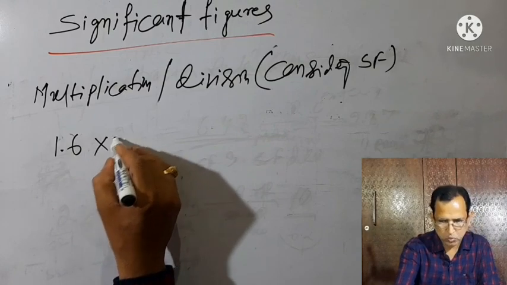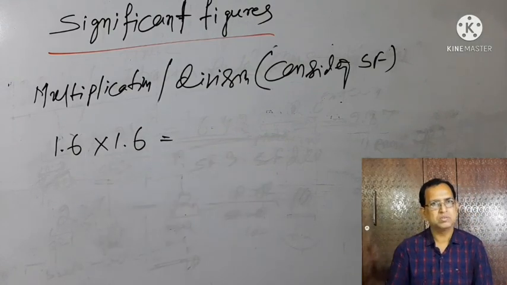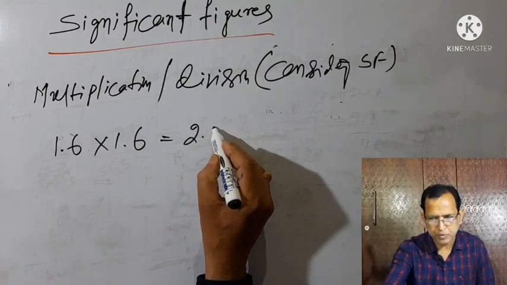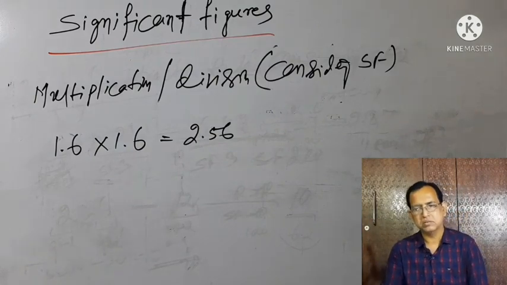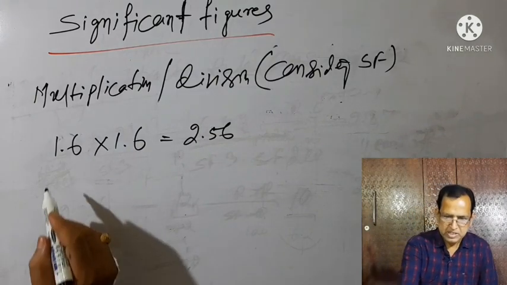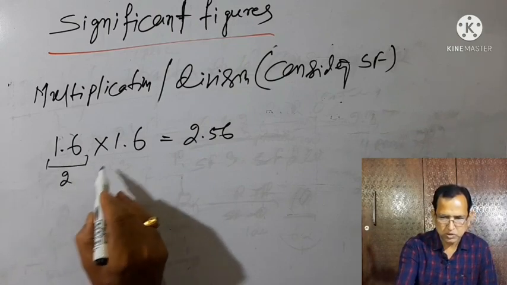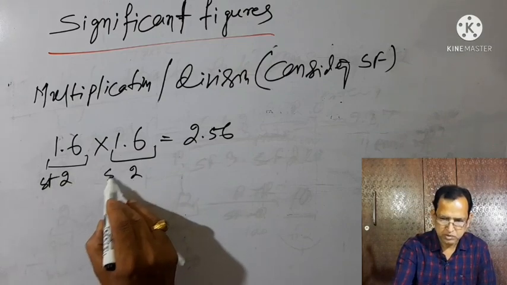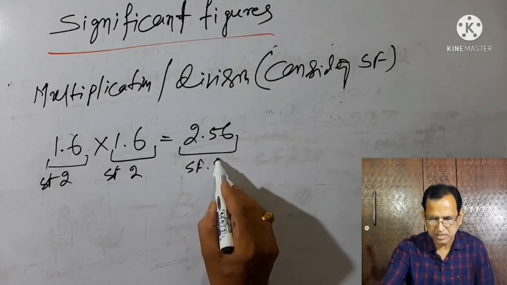1.6 into 1.6. If we multiply normally, the answer is 2.56. Okay. So the significant figures of this are 2, in this case also 2, but in this case the significant figures are 3.